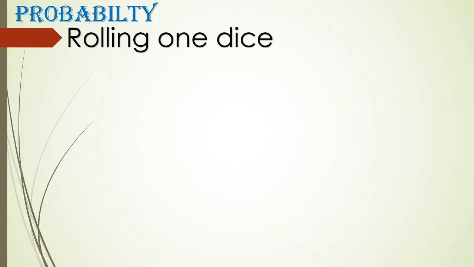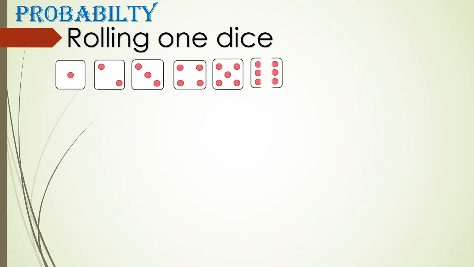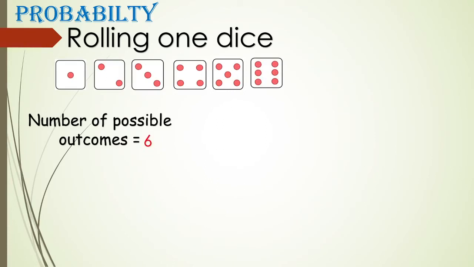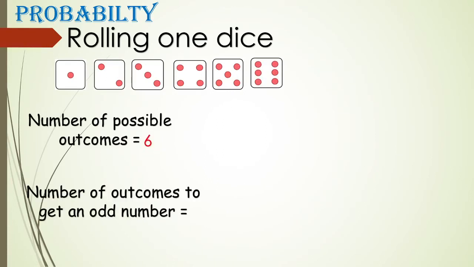Okay? Now let's have another problem about rolling 1 dice. So take note, there are 6 possible outcomes. This is now my question. What if I want to get an odd number? How many odd numbers are there from 1 to 6? What are the odd numbers from 1 to 6? What are those three numbers? Okay, let me write that down. 1, 3, and 5. Correct.